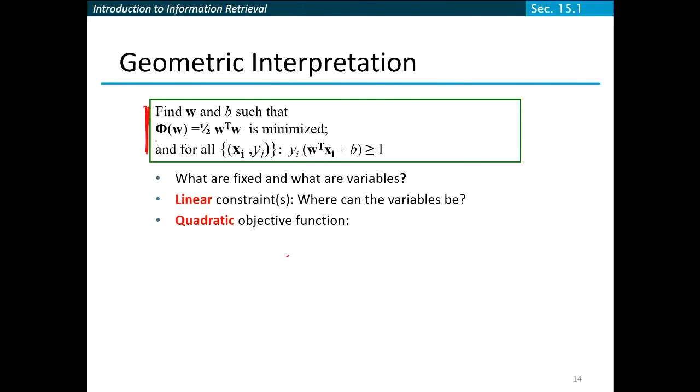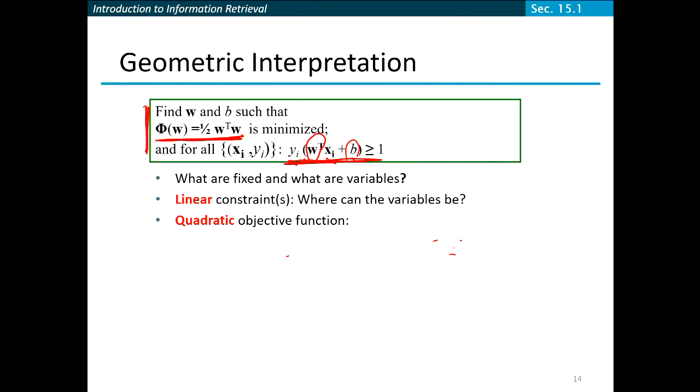We are trying to optimize a function which is quadratic in W. Then we have so many constraints, and you need to know that within the constraints, the only variable is W. The xi, yi, and b are also constants, because b is part of the function.